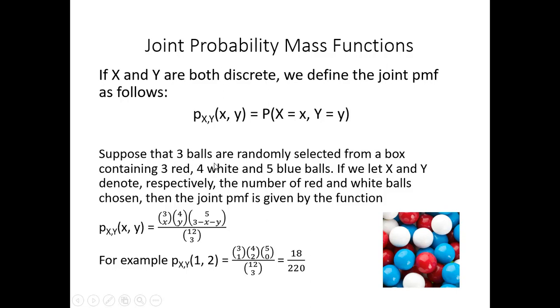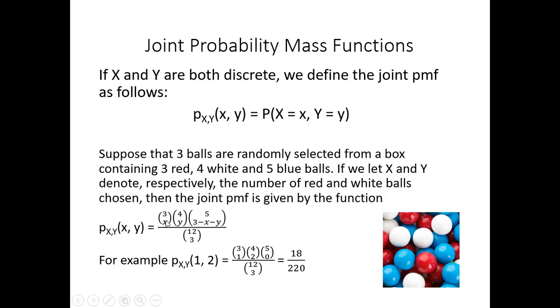So suppose that 3 balls are randomly selected from a box containing 3 red, 4 white, and 5 blue balls. If we let X and Y denote respectively the number of red and white balls chosen, then we can express the joint PMF by the following function.